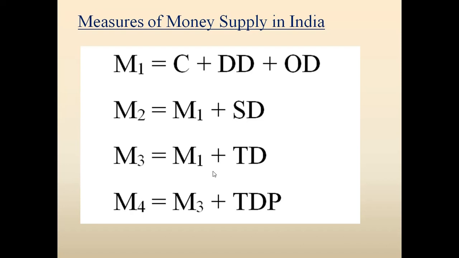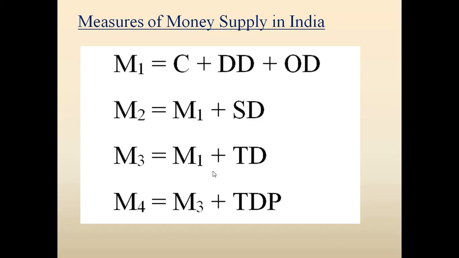Like today is 20th of April. On 20th of April, how much money was there with us? That is the concept of the stock. But supply is over a period of time. Remember, supply is over a period of time, but the concept of stock is at a point of time.